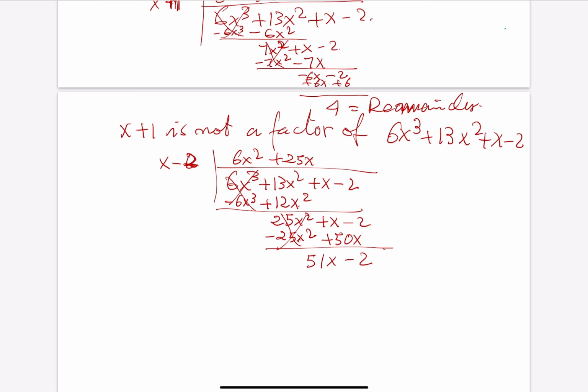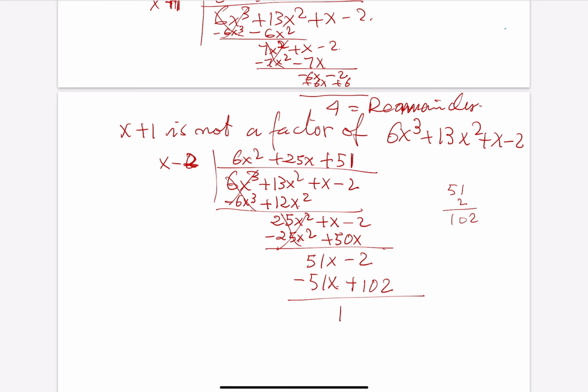Keep going, and here I will have positive 51. Take away, and you add this one up, and here you have negative 51x, and here you have positive 100. Okay, 51 times 2 is 102, and here you have 102. Add them up.